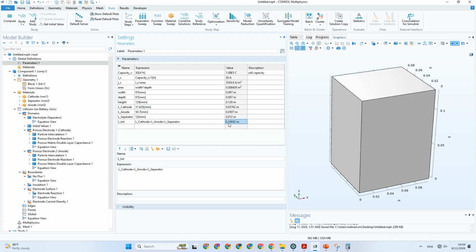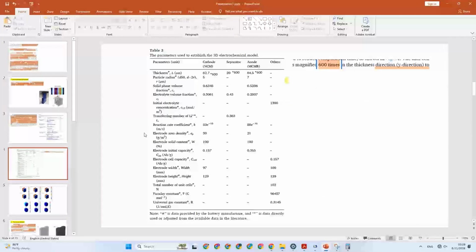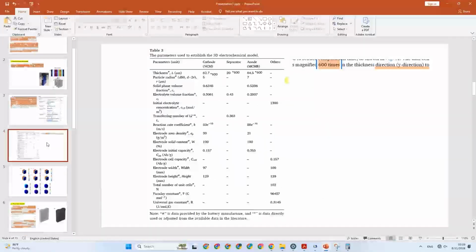It's about 100 millimeter. Am I right? If added, yes, it's about 100 millimeter.